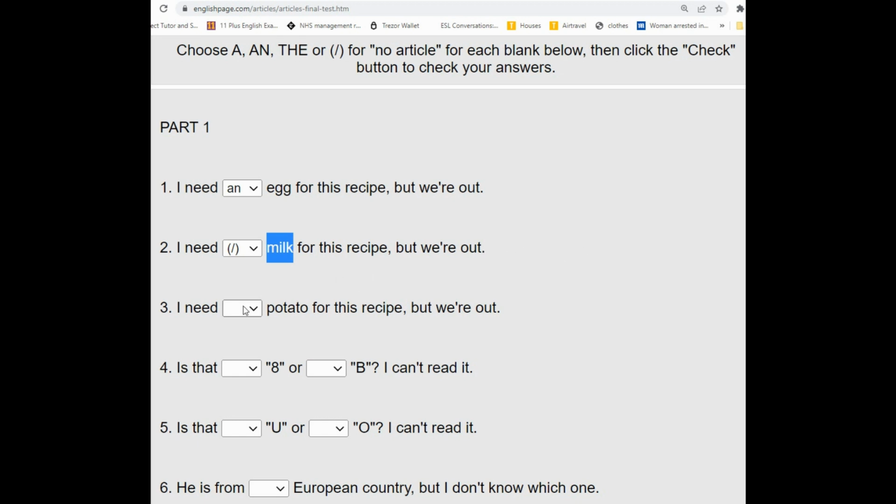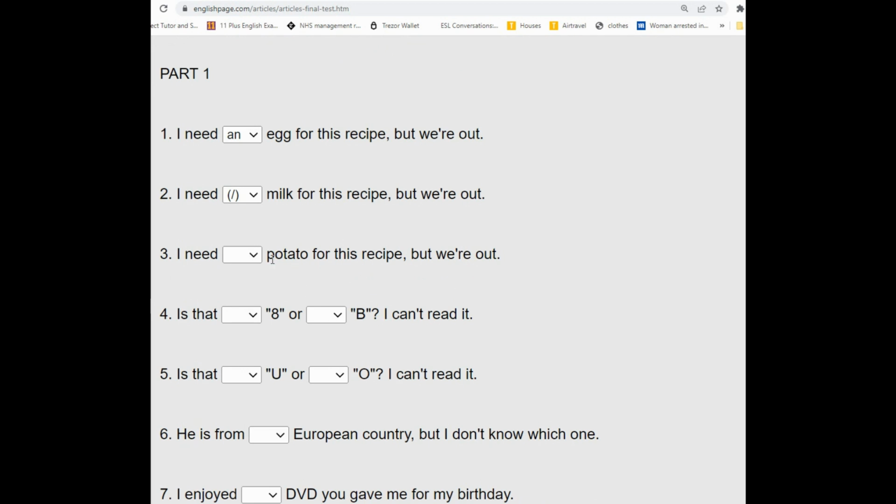Now, number 3, we probably mean one potato, just like we meant one egg. I need a potato for this recipe, but we're out. And so that would certainly have an a. If you say the, it means you've just been talking about the potato probably. Maybe the other person in the kitchen has just taken all the potatoes, and you say, oh, I need the potato for this recipe.